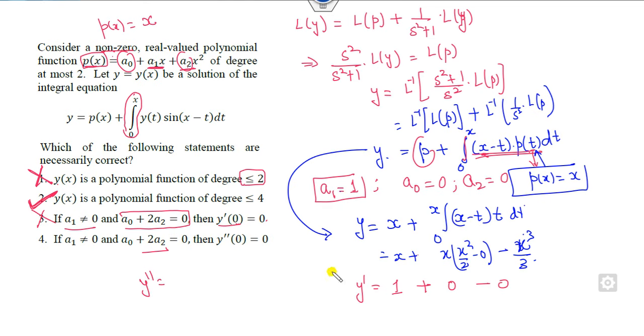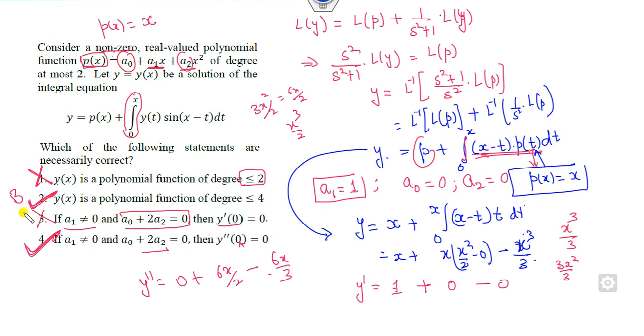The first derivative is 3x square by 2, the second is 6x by 2, minus the second derivative of x cube by 3: first 3x square by 3, second 6x by 3. At the point 0, it is 0. The right answer is C; B and D are right. You can simply take these values for the sake of convenience.